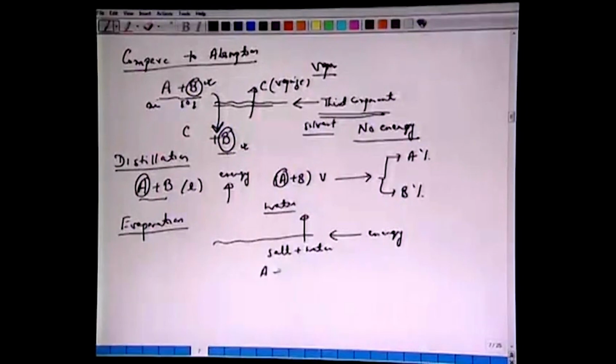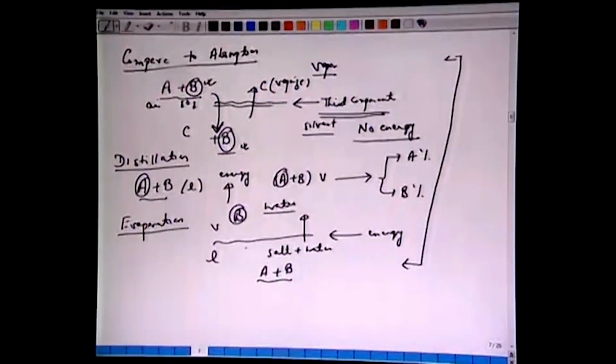So we have A plus B, but only B gets transferred from the liquid phase to the vapor phase. So you should be able to see a qualitative difference between absorption, distillation, and evaporation as different unit operations to achieve purity. In all 3 cases we have separations, we want to separate A from B, but the method is different.